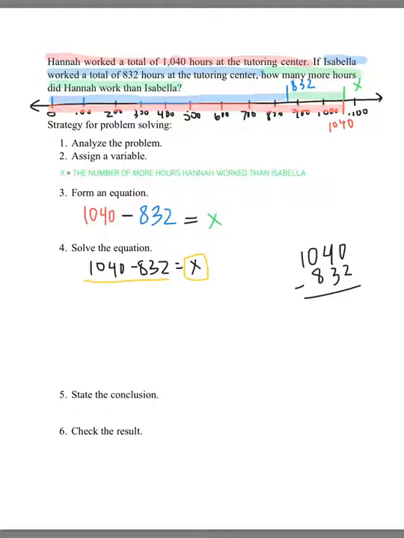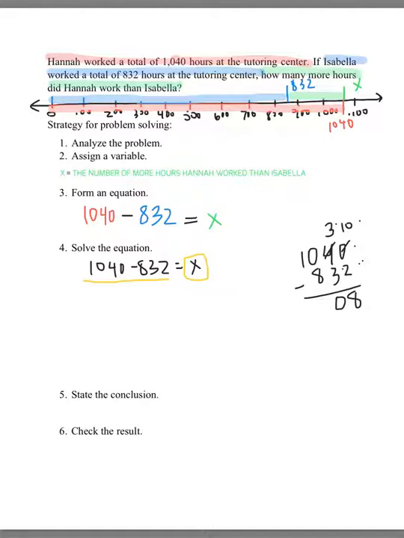So starting off with the furthest column to the right, we're going to do 0 minus 2. We can't do that since 0 is less than 2, so we have to borrow from the 4 next door. That 4 becomes a 3, and our 0 now becomes a 10. So now we're going to be doing 10 minus 2, which is going to give us 8. Following along with the second column, we'll have a 3 minus a 3. That's going to give us a 0.